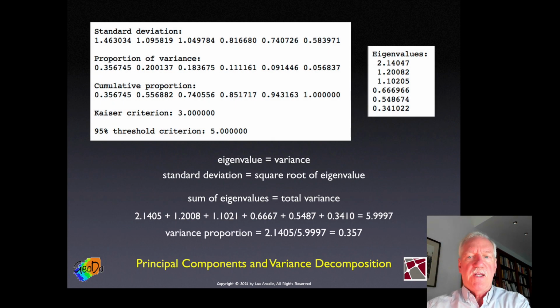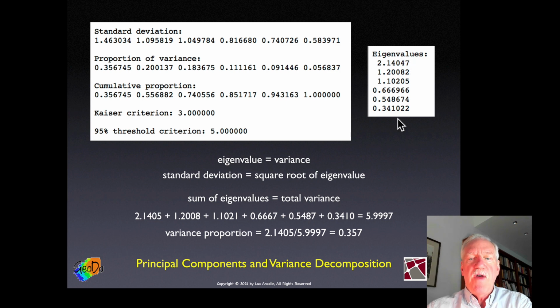This is the first set of results, and they are all derived from the eigenvalues. So these are the eigenvalues of the X prime X matrix, the variance covariance matrix. Each of the eigenvalues gives the actual variance associated with that principal component.